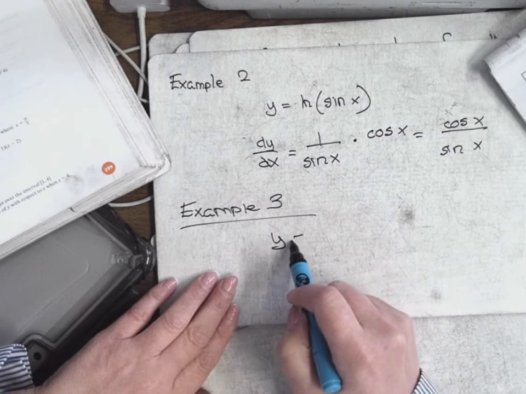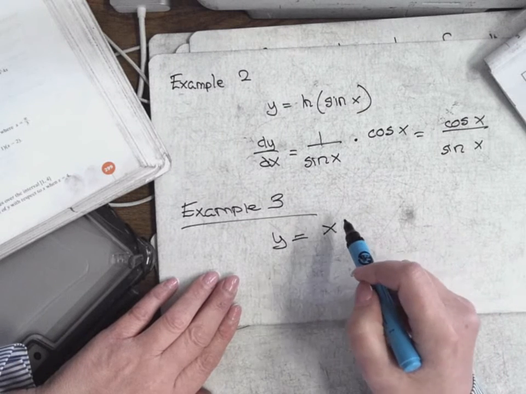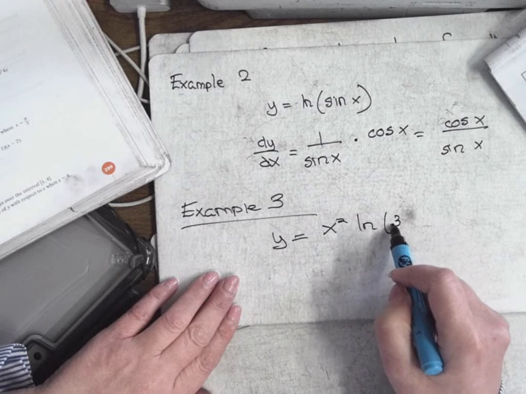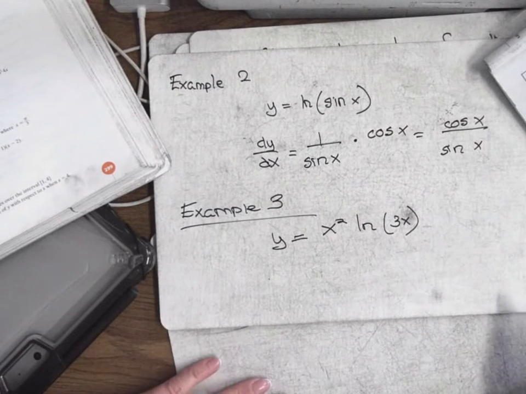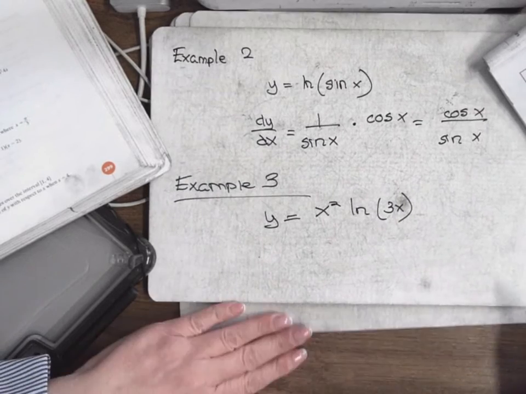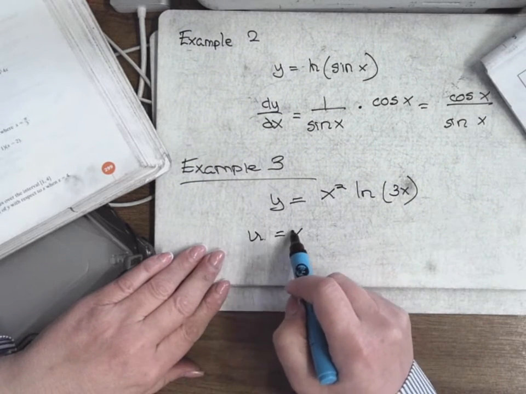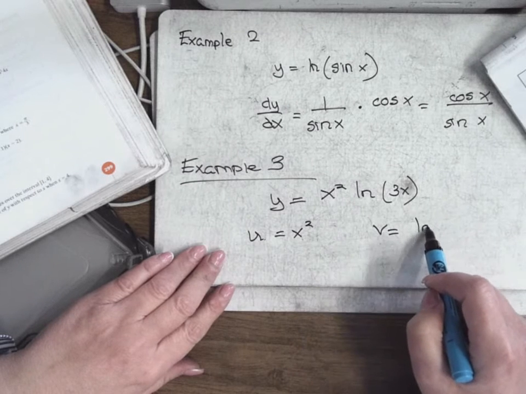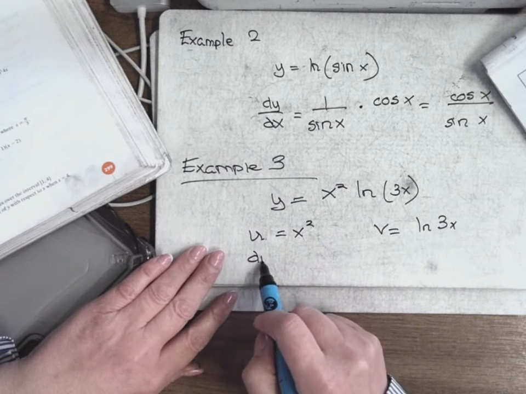Y equals, I'll go a bit harder, x squared ln 3x. Well, what do I do with this? Product rule, excellent. So you let u equal x squared, v equal to ln 3x. Differentiate u, call it du/dx.